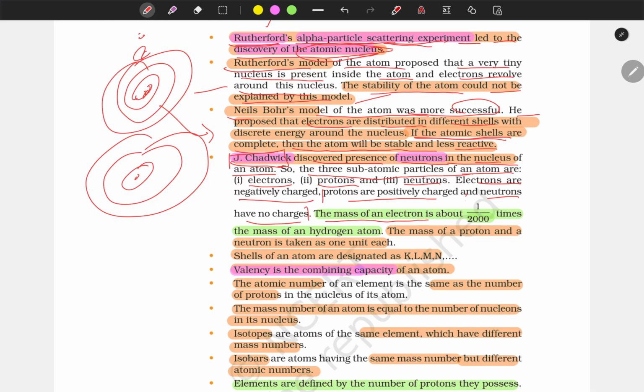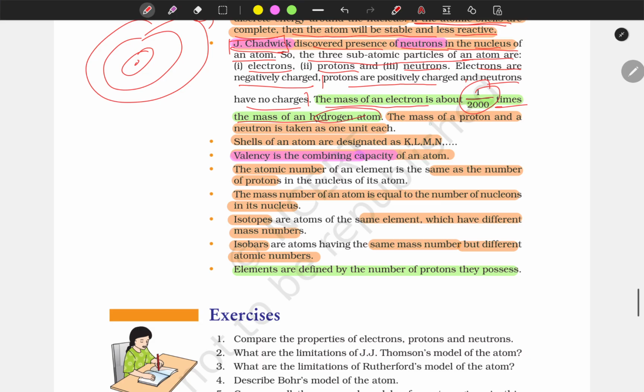The mass of the electron is about 1/2000 times the mass of the hydrogen atom. The mass of the proton and the mass of the neutron is taken as 1 unit each because they have a similar mass.